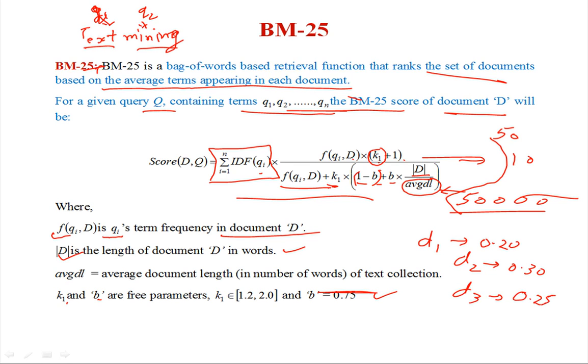Then the first ranked document will be D2, the second rank will be D3, and the third ranked document will be D1. And document D2 will contain more appropriate information about text mining with respect to documents D3 and D1. So this is the process. This is the main use of the BM25 based ranking scheme or BM25 based calculation.